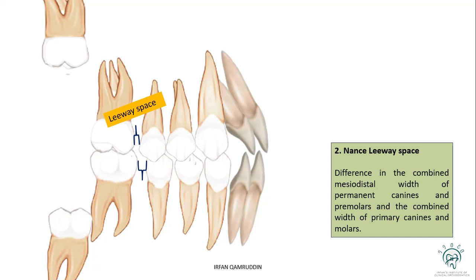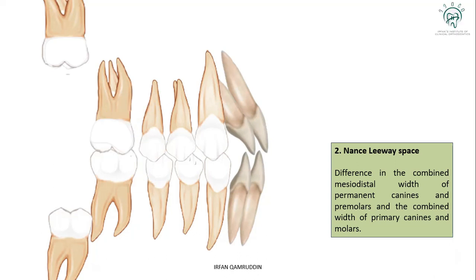According to Proffit, the leeway space in the upper arch is around 1.5 mm and in the lower arch it is 2.5 mm, but in other books you will find these values around 0.9 mm in upper and 1.7 mm in lower. Don't go by the values, but you can see that the difference between the upper and lower leeway space is around 1 mm, and that results in late mesial shift of the molar into this leeway space.